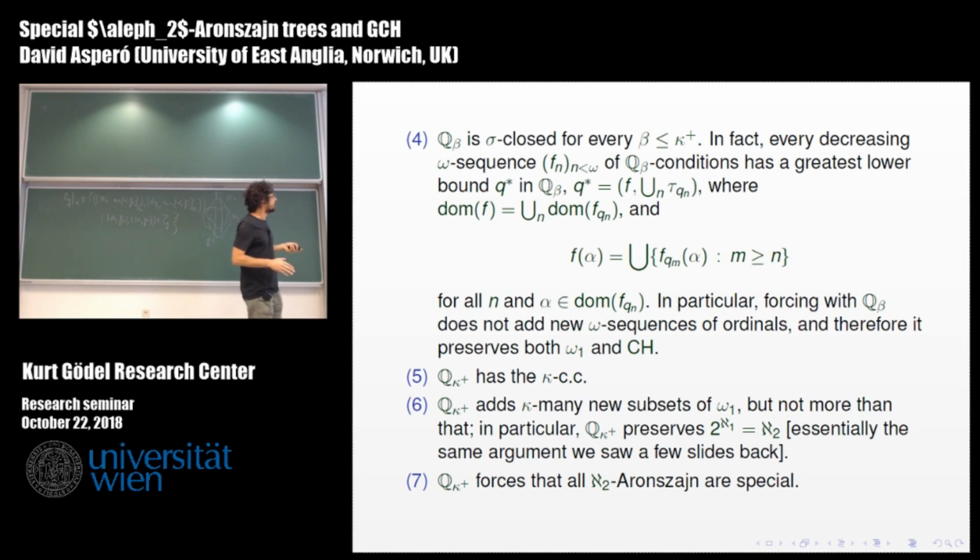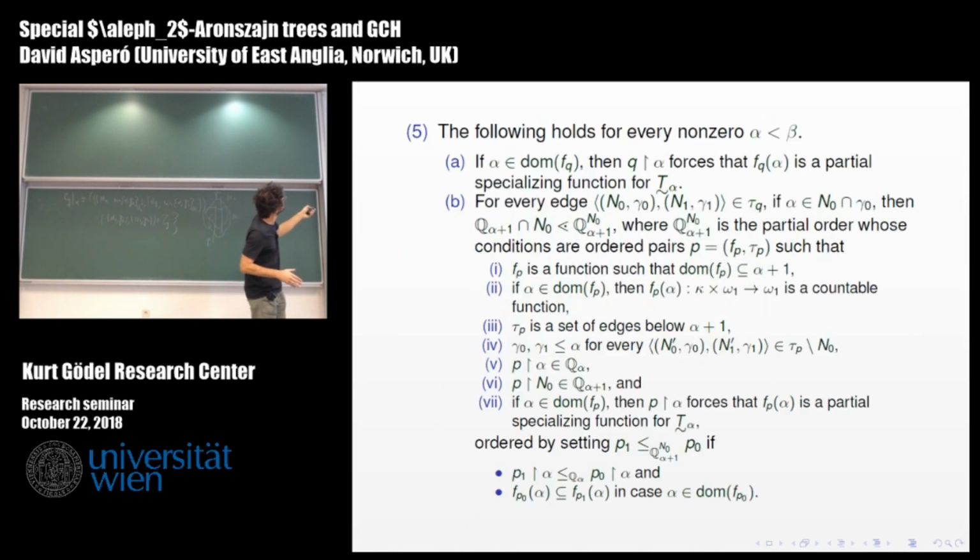tree. And now, by the way you define the forcing, you're adding a partial specializing function for that tree. Now the conditions, everything in the condition is countable, and you can specialize in omega 1 colors.